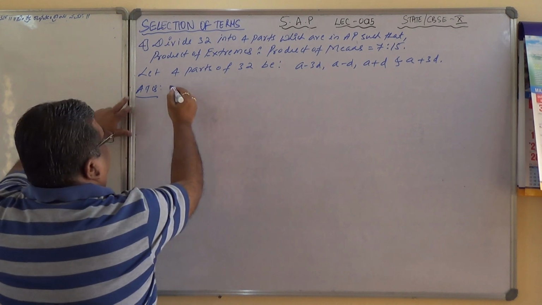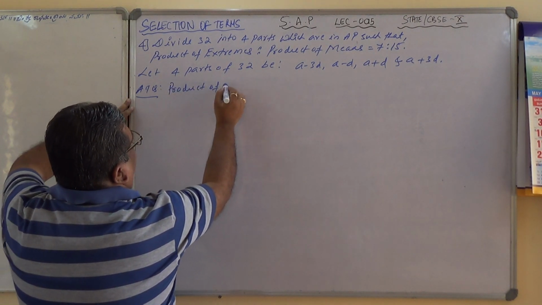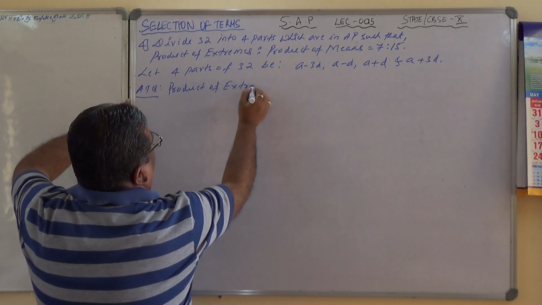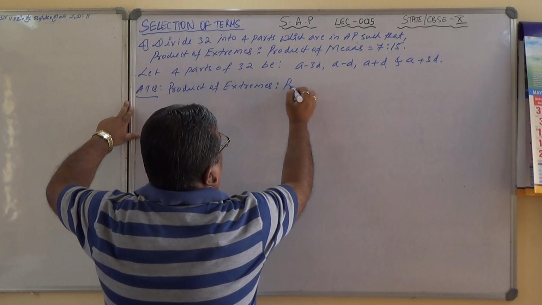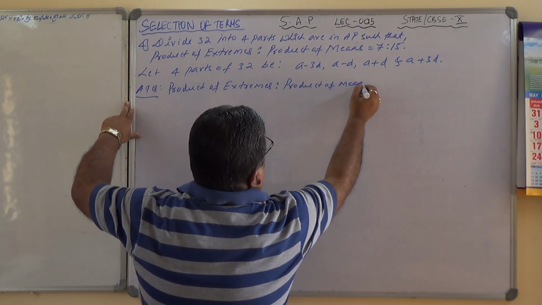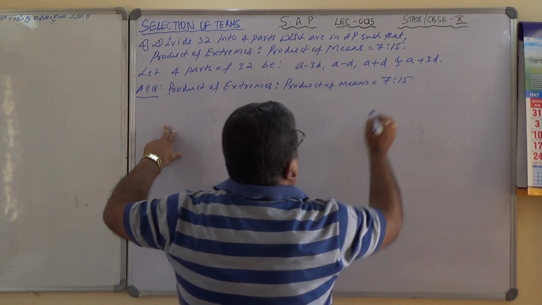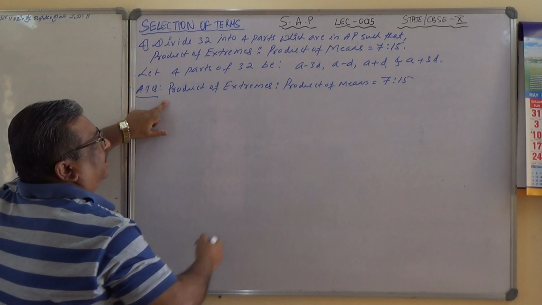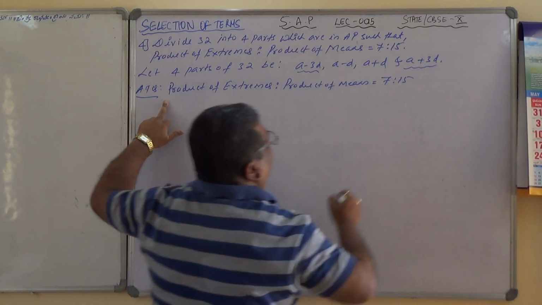Product of extremes is to product of means equals 7 is to 15. What are the extremes? A minus 3D and A plus 3D are the extremes.